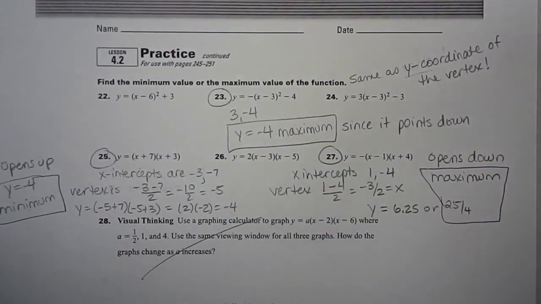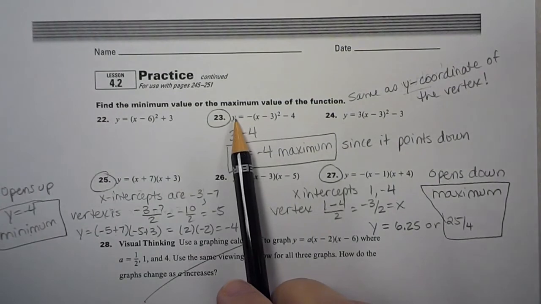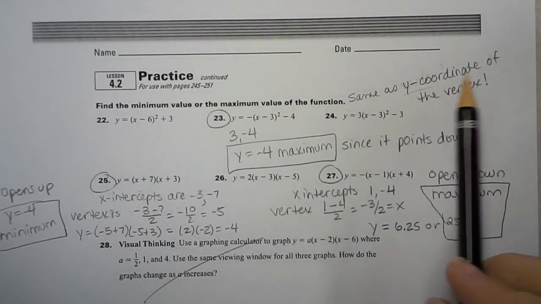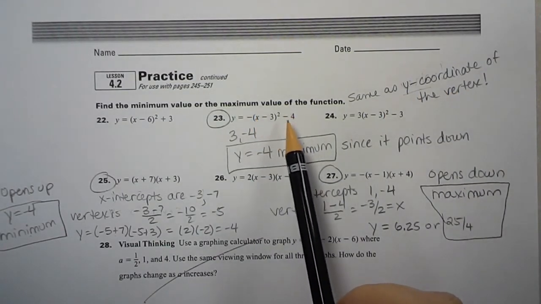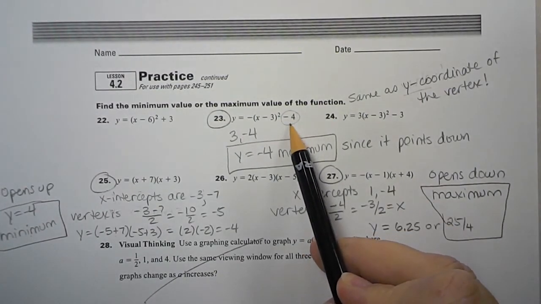Okay, here it asks us to find the minimum and the maximum values of the functions. Again, that's the y coordinate of your vertex. So it helps to find the c, right here you can find it, it's very clearly c, -4.